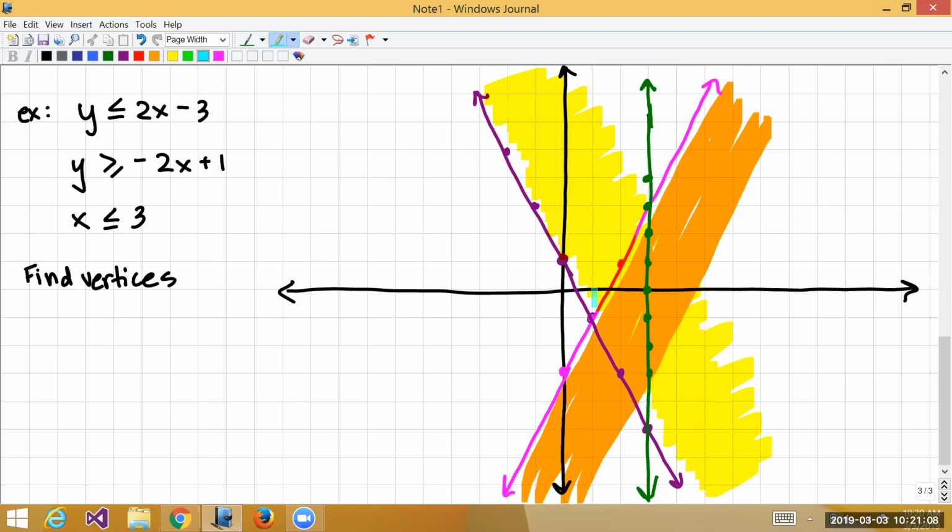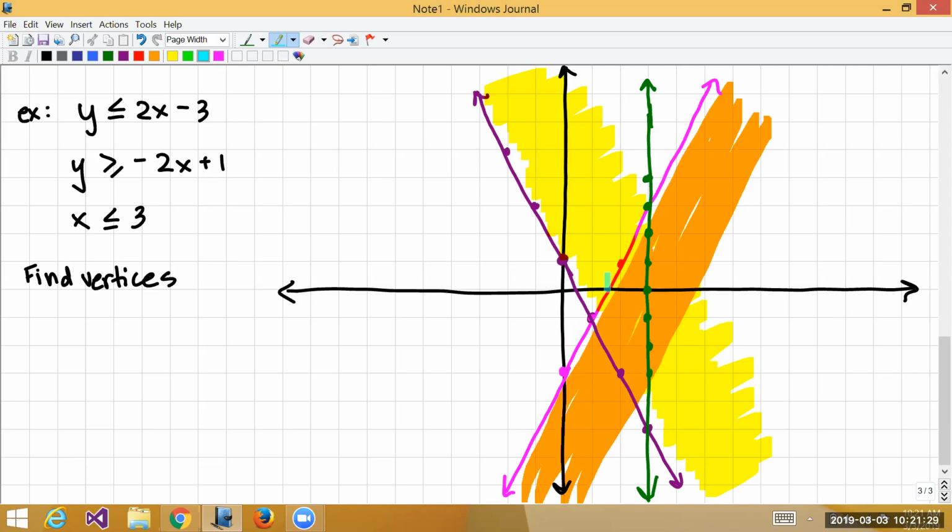Now, if we can already kind of see what's happening here, we don't have to make a mess of our shading. We already see that our overlapped region is all of this right here, right? And now we ended up adding this line here, and we want to shade to the left.